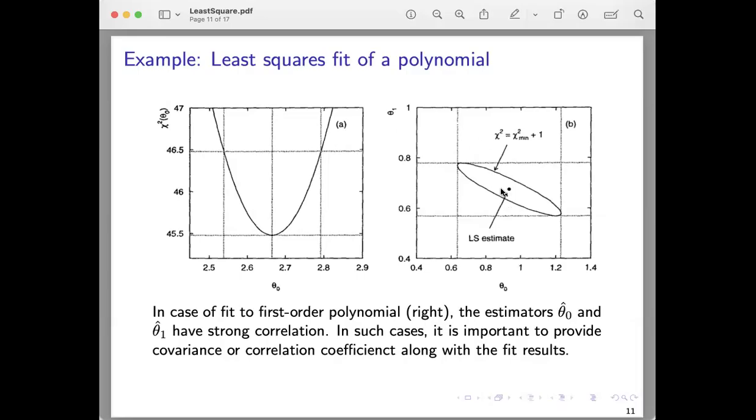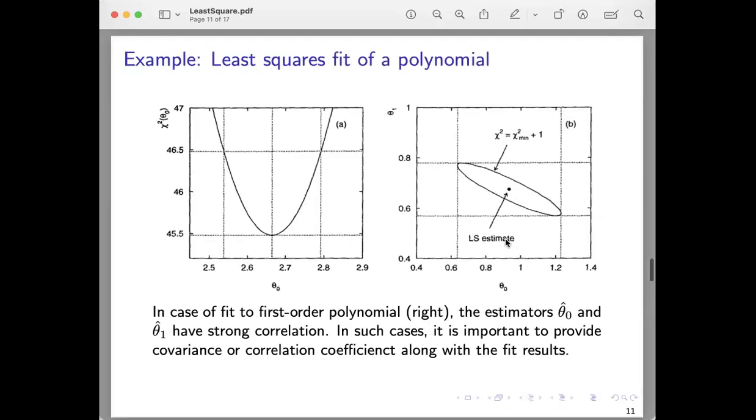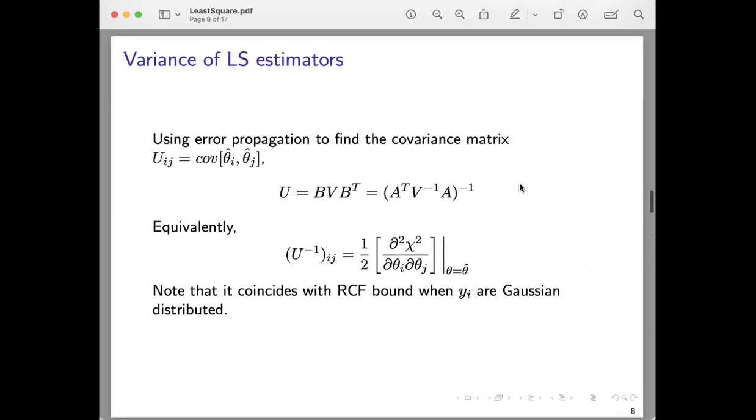Now another thing you can see in this case is that theta 0 and theta 1 are highly correlated, because you can see the angle of this ellipse is very high. You can also get that by computing the covariance values using this expression here, U_ij, from its second derivative.